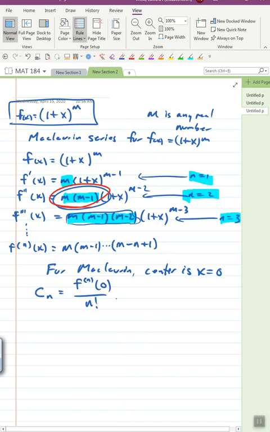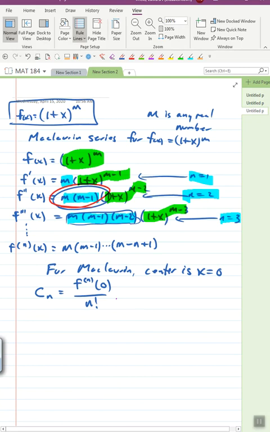Okay, so in this case, what is each one of these parts when I plug in 0? Isn't every one of those just 1? Which means this is 1, this is 1, this is 1, this is 1.